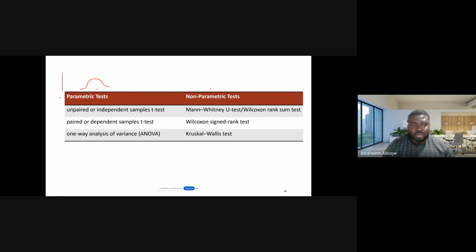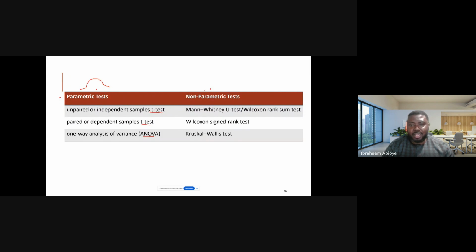I was saying that to use ANOVA, the data has to be normally distributed, but that's the same thing with the t-tests that we saw. The data has to be normally distributed to use the t-test.